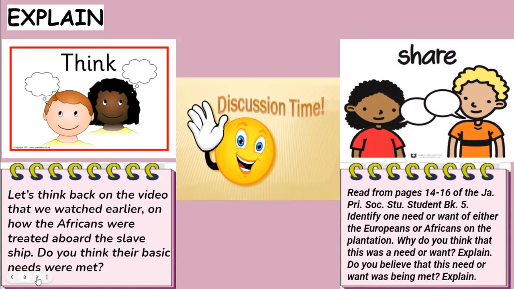You're going to identify one need or want of either the Europeans or Africans on the plantation. Then you're going to explain why you think that this was a need or want. Now, do you believe that this need or want was being met? You're also going to give reason or reasons for your answer.